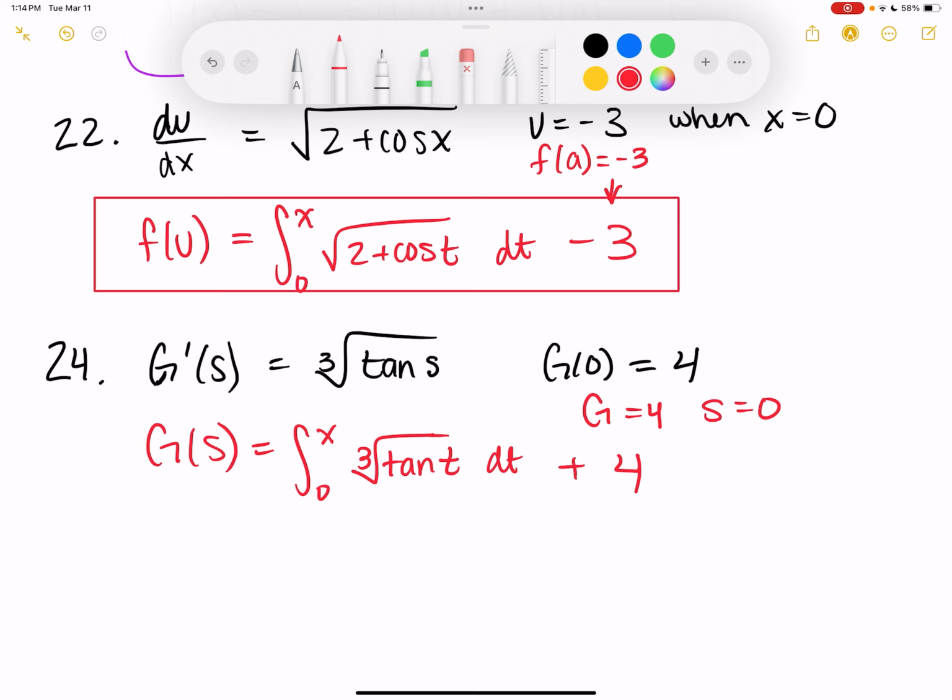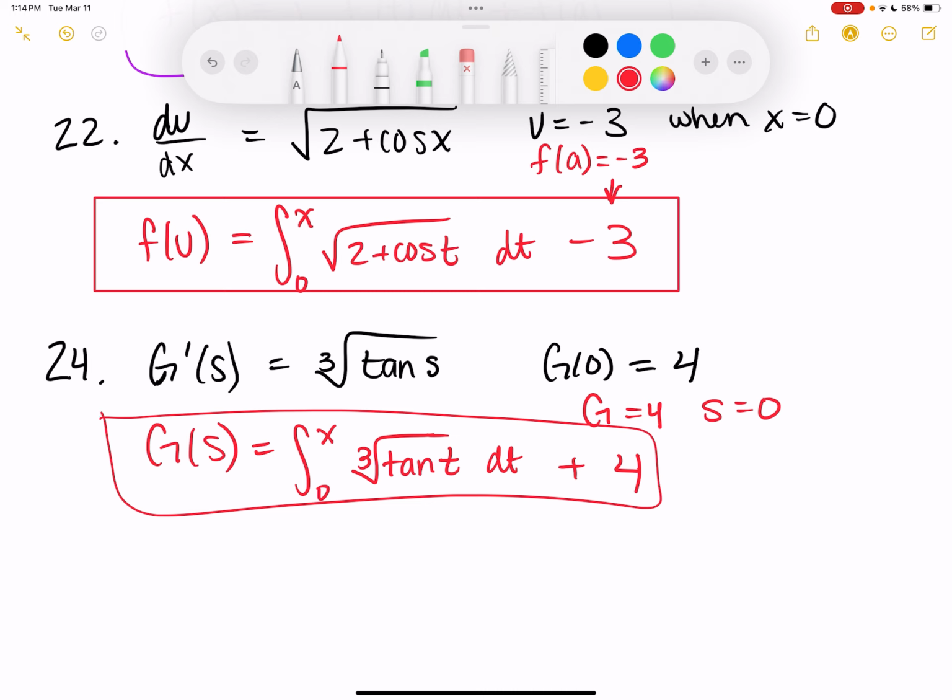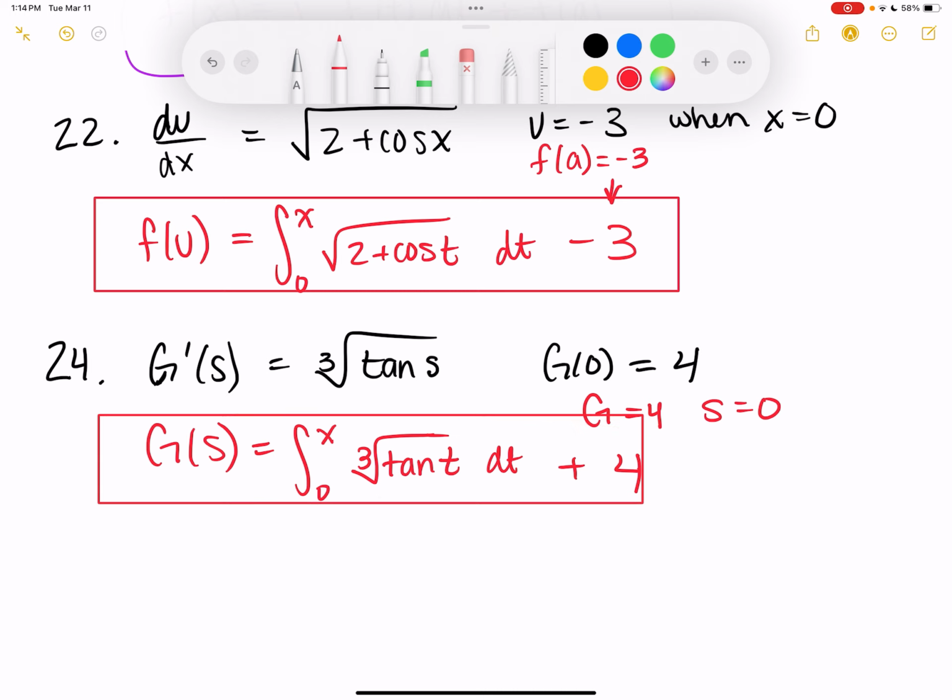And that's it on that one. I like the way tangent of t looks. It just says tant. Imagine if there was a tangent of t. Yeah. It'd be tant. All right, so the next thing that we've got coming up is slope fields.